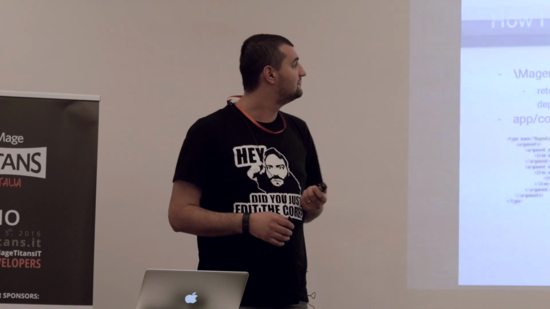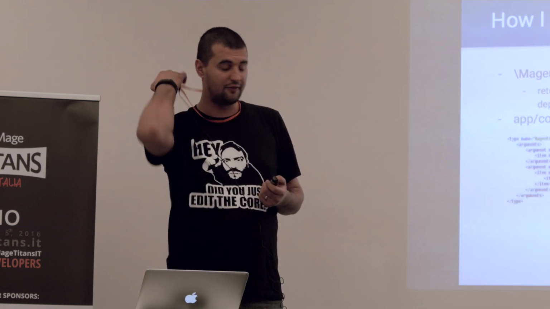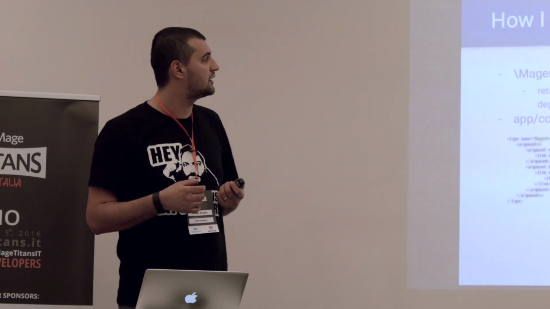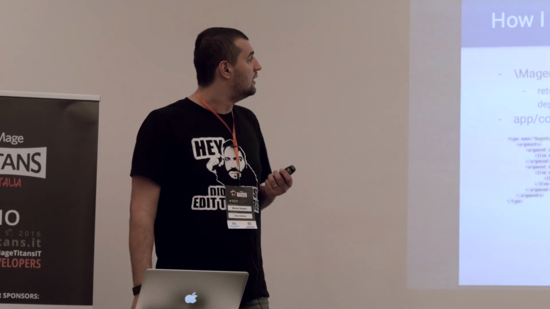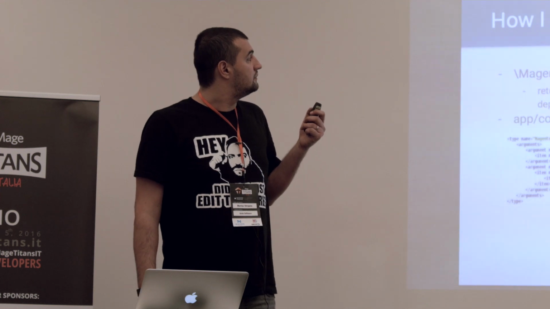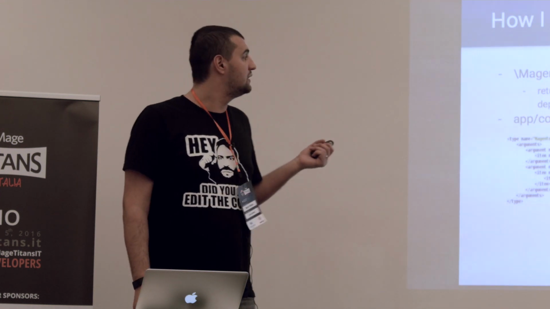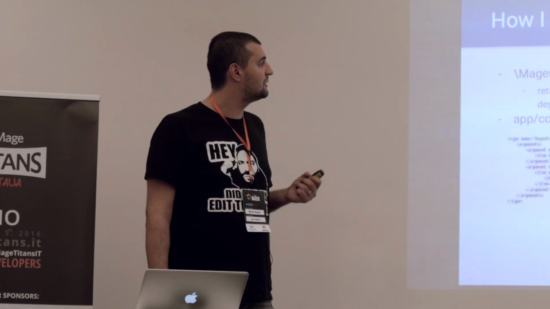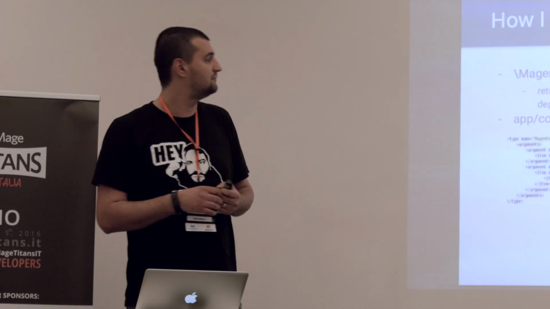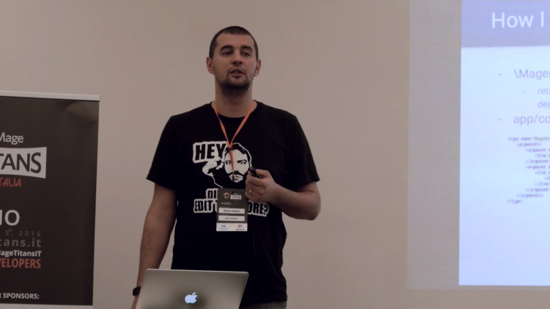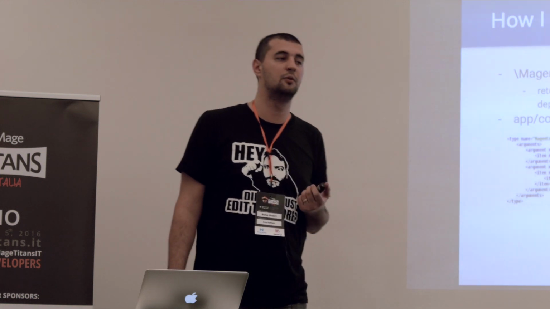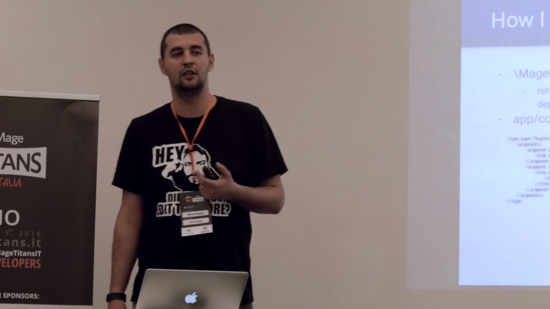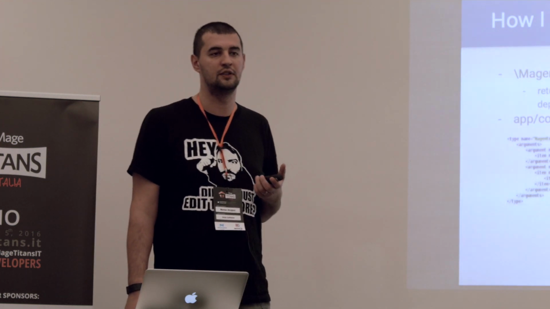Yes, I admit it. I edited some core things. But before you throw onions or eggs at me, let me explain. This didn't happen, I didn't need to do this when I had the first presentation, like for Meet Magento Romania, but something changed since then. And right now, when doing the installation, even if you remove the modules, the installer checks all the composer JSON files in all the modules for dependencies.